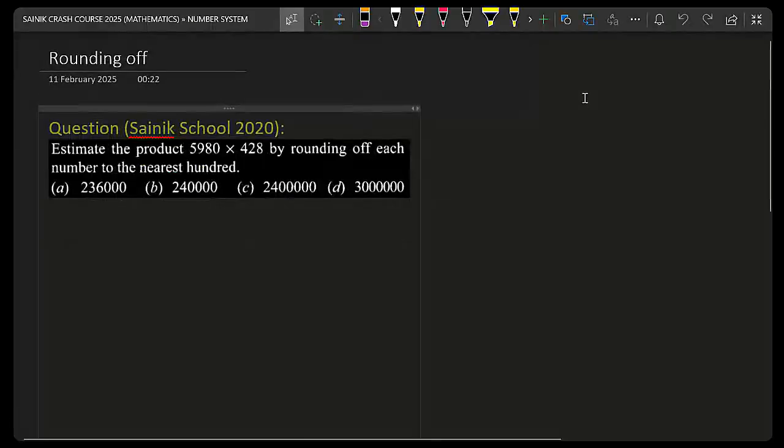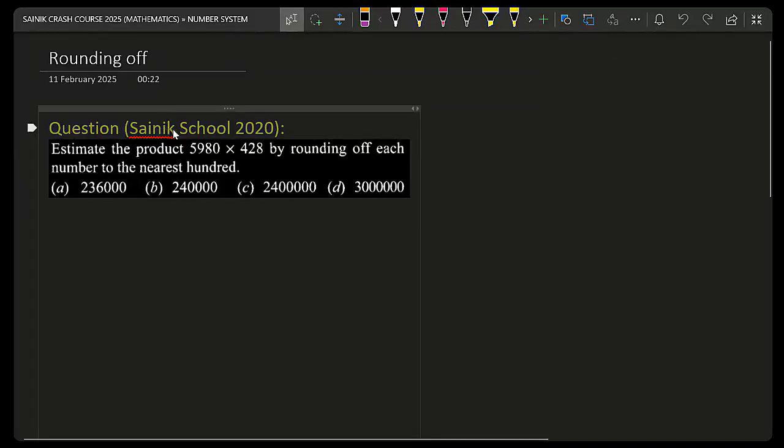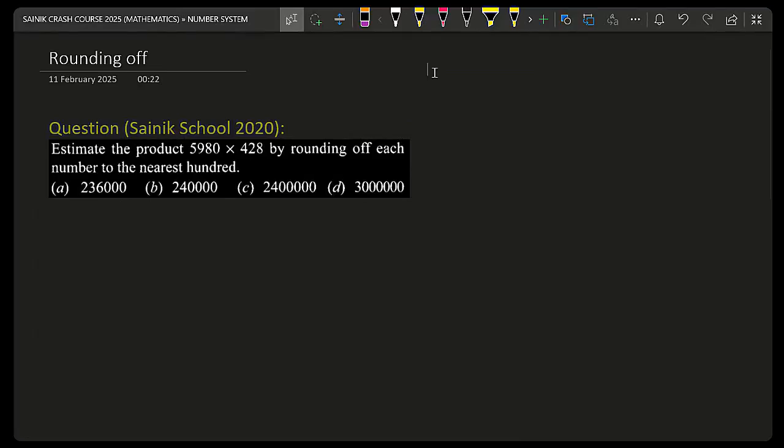So we discussed rounding off to nearest tens, hundreds, etc. So all of you try this question now. Estimate the product by rounding off each number to the nearest hundred. Estimate the product 5,980 into 428 by rounding off each number to the nearest hundred.